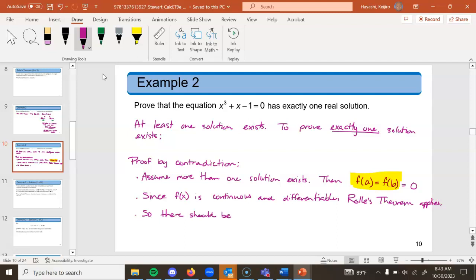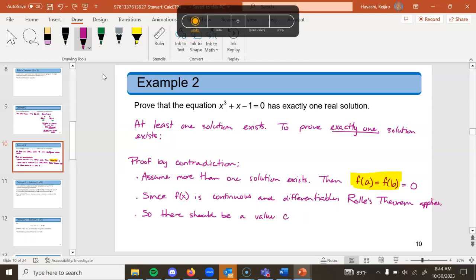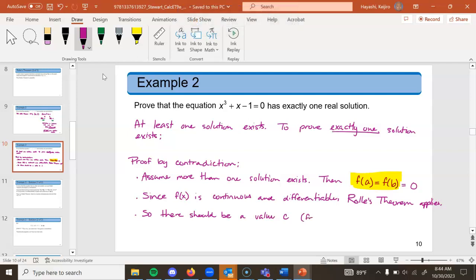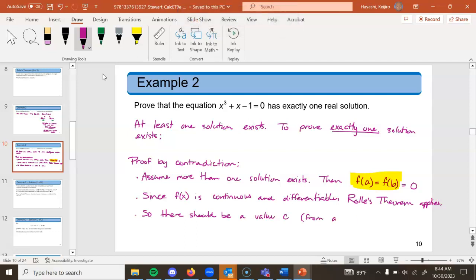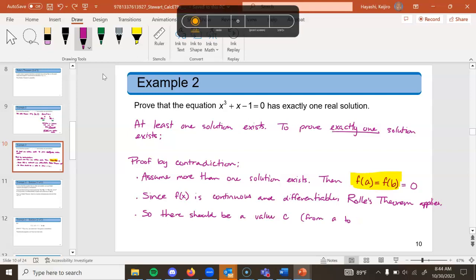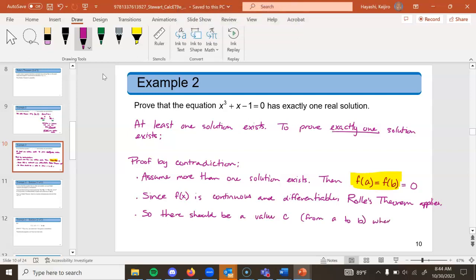So there should be a value c, with the implication being that it's somewhere between a and b, where f prime of x equals 0.